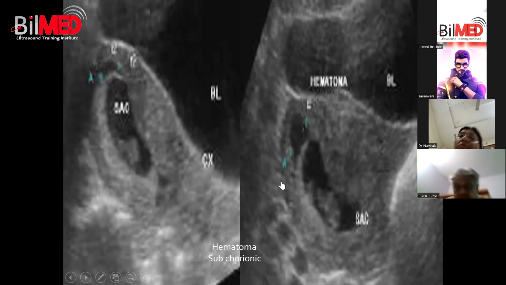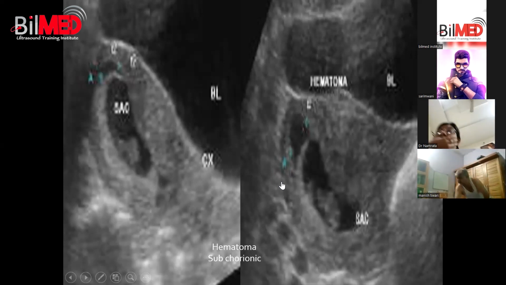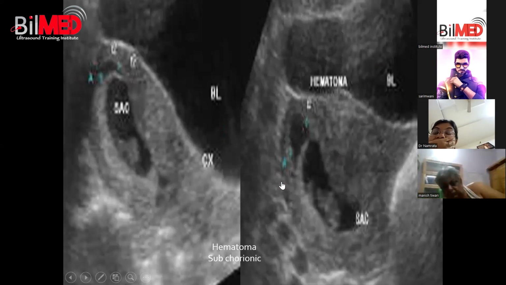In the chorion frondosum, we have decidual reactions. Wherever there will be more decidual reactions, try to understand, that is the site of placenta.